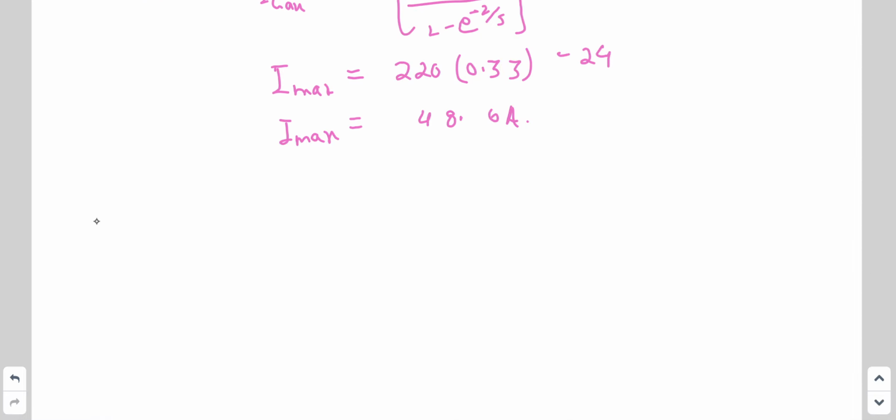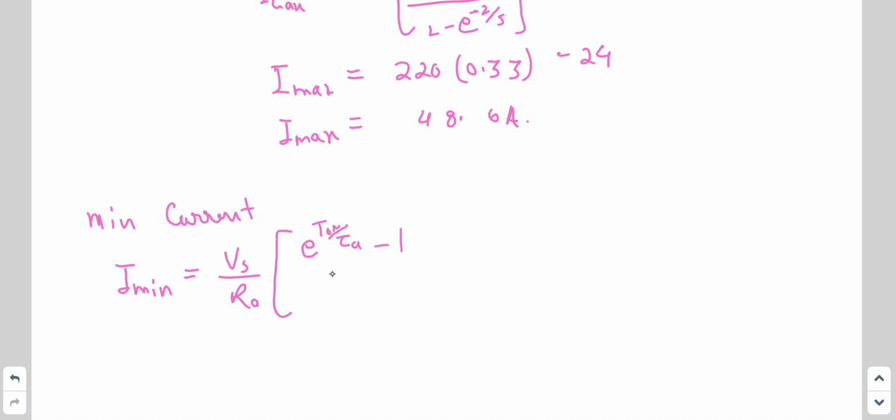Now we will calculate the minimum current. I min is equal to Vs divided by Ra, (e to the power T on divided by tau A minus 1) divided by (e to the power T divided by tau A minus 1), minus E divided by Ra.